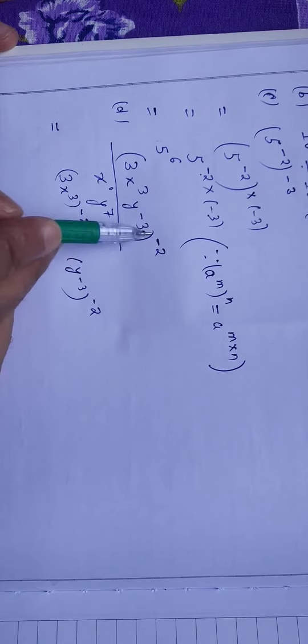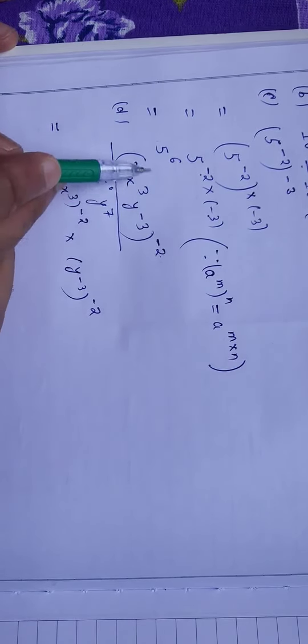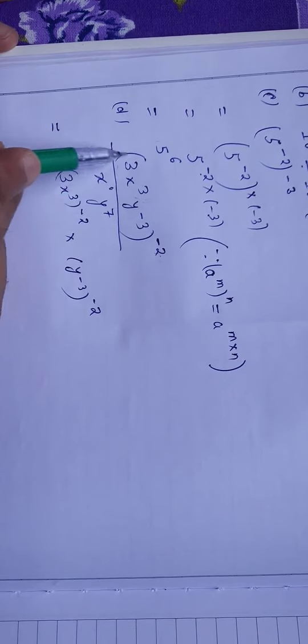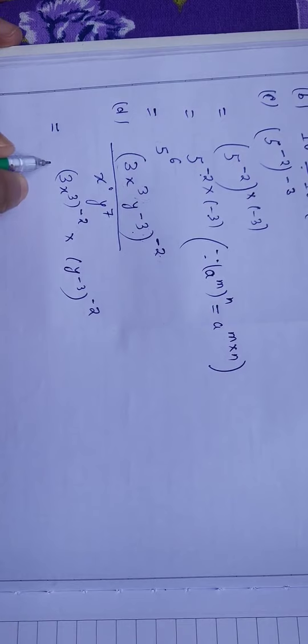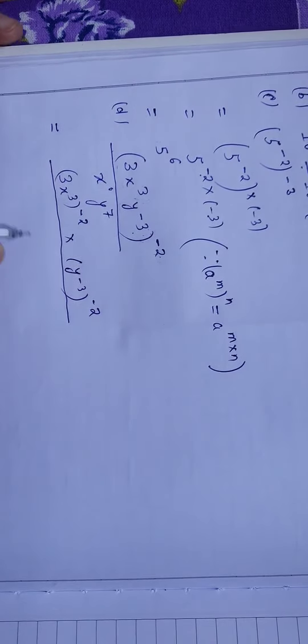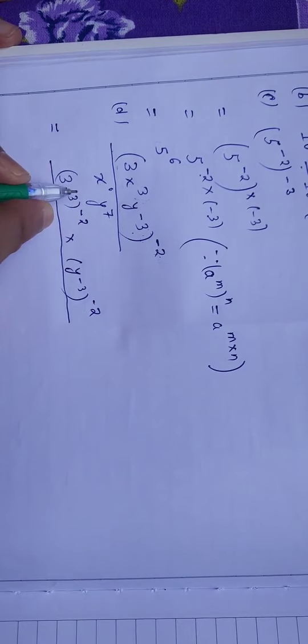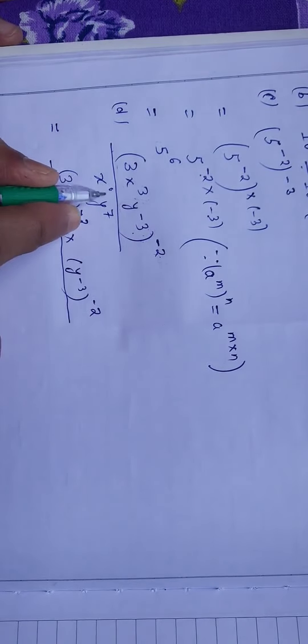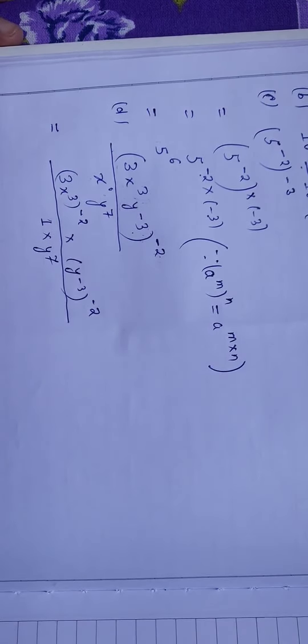Since this is whole to the power minus 2, individually minus 2 will be multiplied with 3x cube and y to the power minus 3. The whole thing is divided by x to the power 0 y to the power 7. Now x to the power 0 is 1, since we know from the laws of exponent that anything to the power 0 is 1. So it's 1 into y to the power 7.